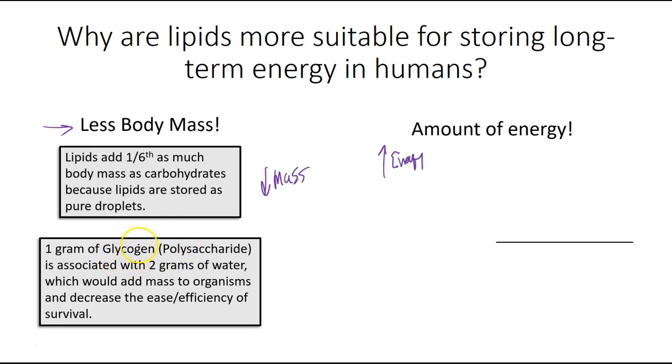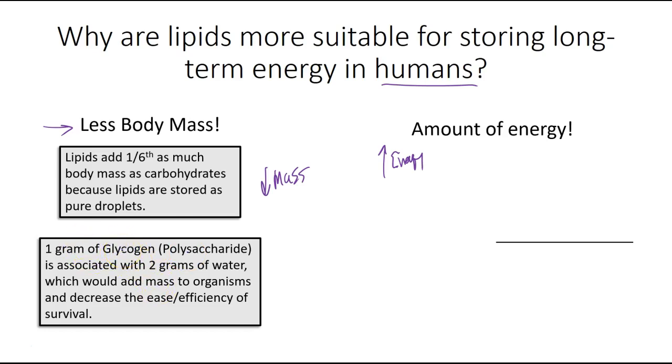Take glycogen, which is a polysaccharide. Remember, glycogen is the polymer form of carbohydrate that animals use, and that includes humans. Glycogen is the way we as humans store energy short term.